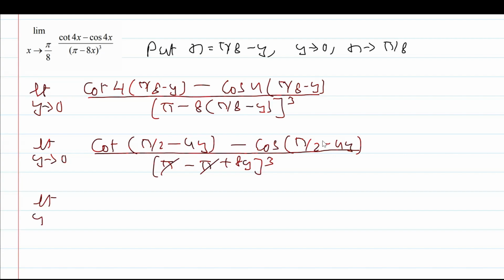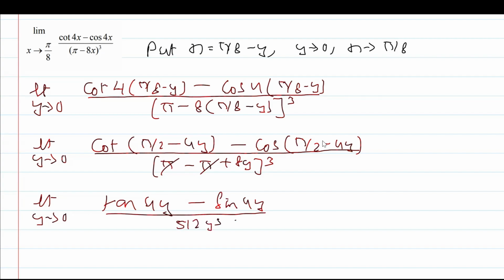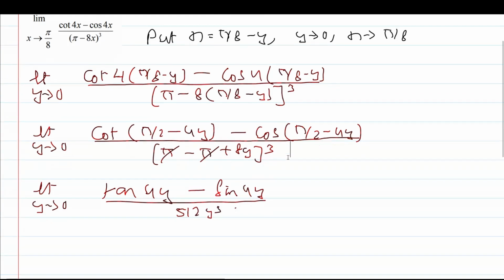So this limit y tends to 0, and what is cot of 90 minus theta? It is tan theta. So it's tan 4y minus sine 4y, and then whole divided by 512 y raised to the power 3, because 8 cube is 512.